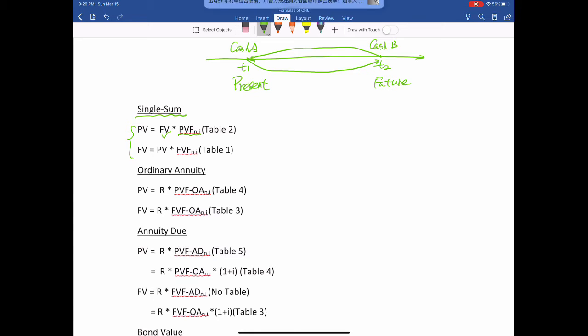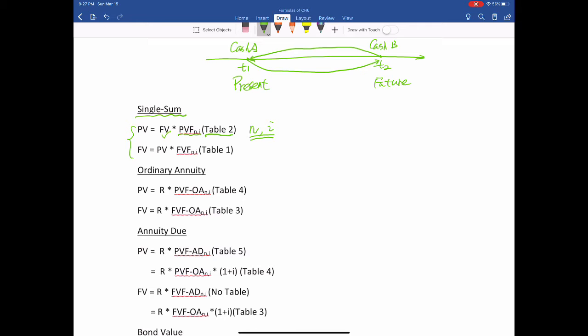The present value factor is determined by two variables: one is time, number of periods, and the other is I, interest per period. These are the two factors as I talked about in class, right? So we can look up table 2, find the factor, then apply it into the formula.